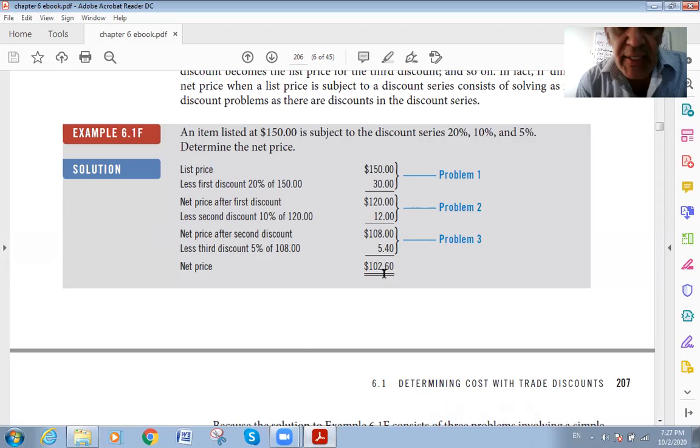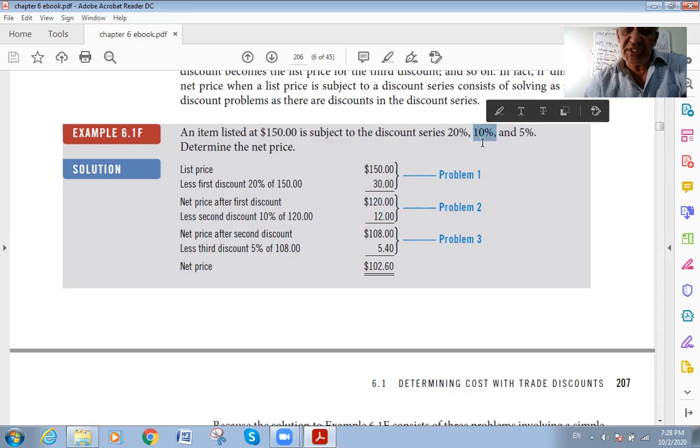In a simple way, you consider it three examples or three exercises. The first exercise is the amount of $150 and the discount is 20%. Then you will deduct the discount, 150 minus 30, it will give you 120. You will take this 120 and see what is the second in the series, which is 10%.